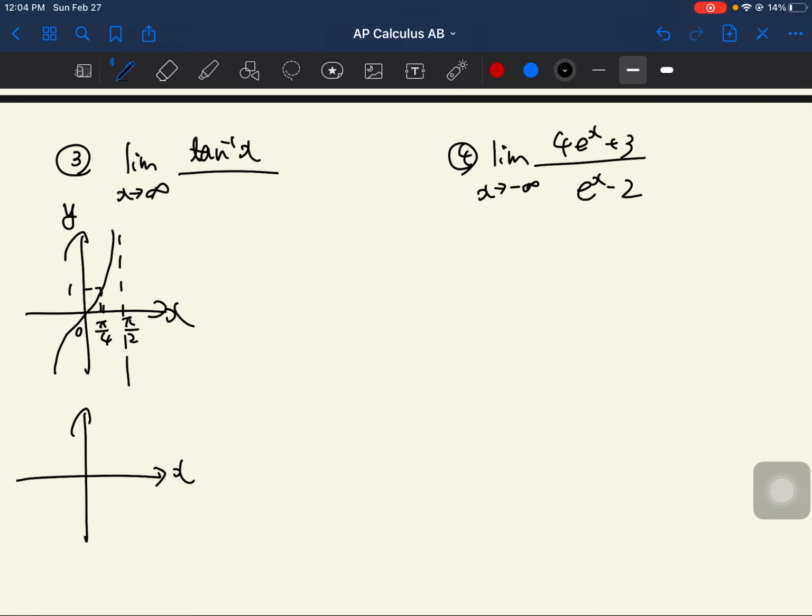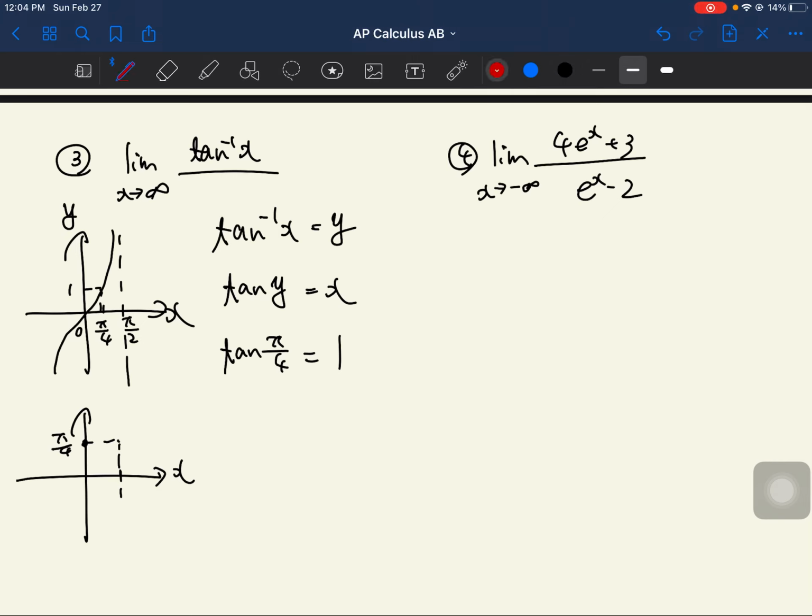The inverse graph is technically where you switch the values of x and y. Let me put this one as y, this means tangent y equals x. For example, tangent of pi over 4 is 1. So it's going to be completely opposite.